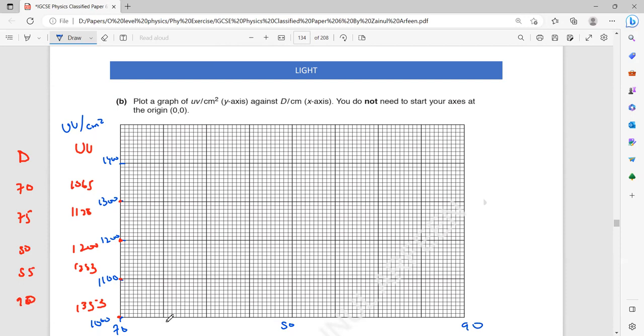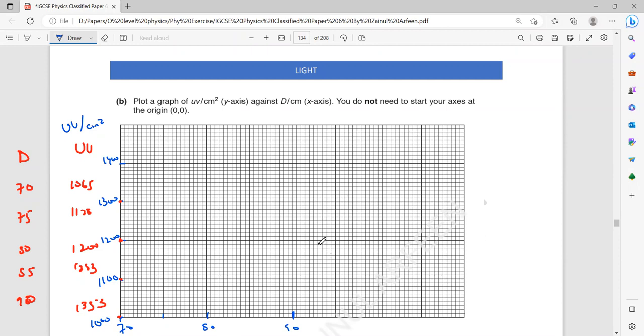Here this will be 72.5. You could do it the other way around, but we don't have to start from 0 comma 0, so we can take any value. If I took this as 70, this will be 80, this will be 90.